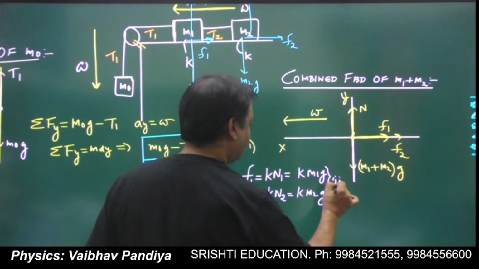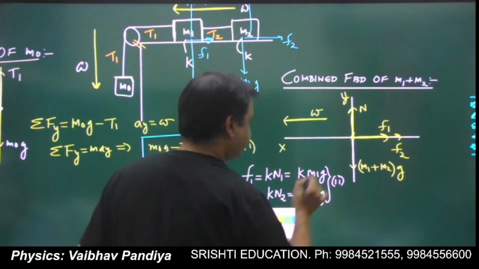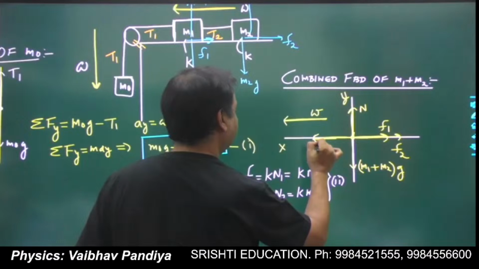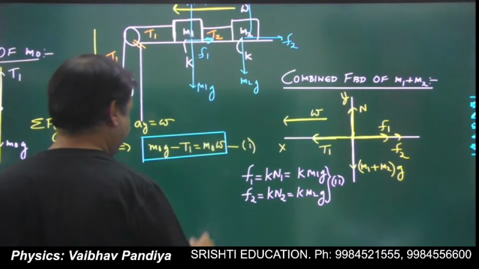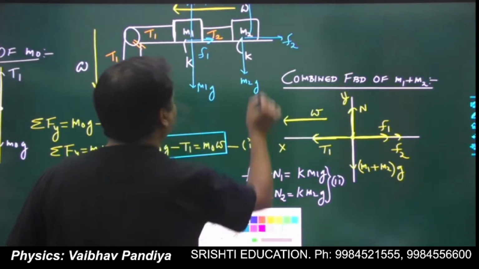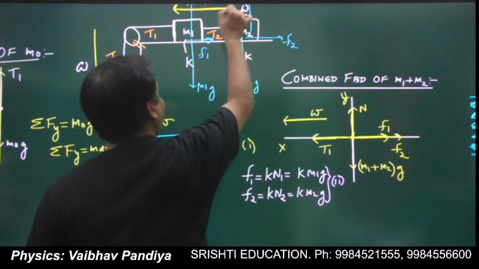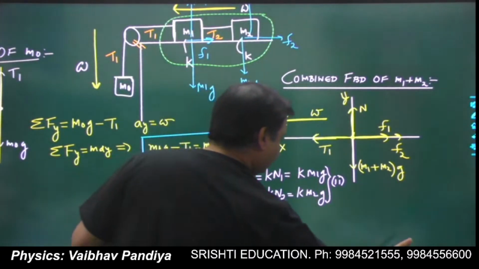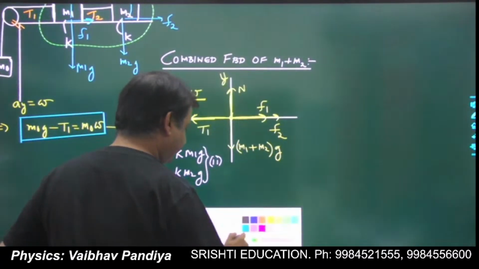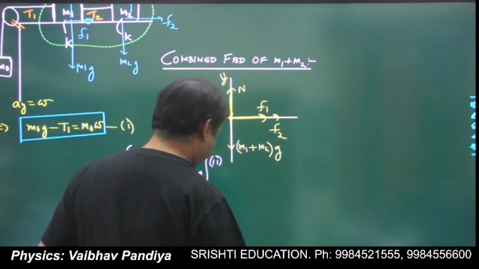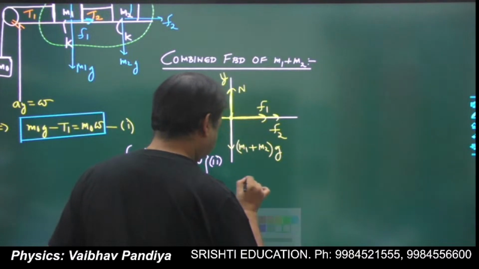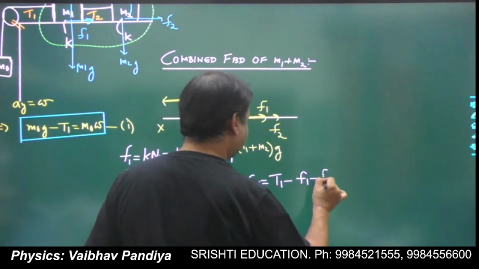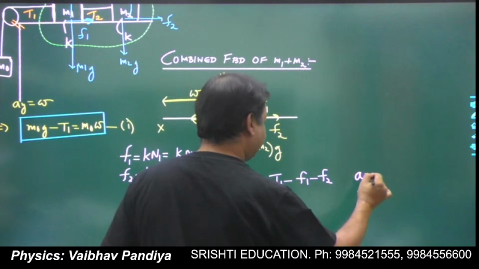Okay, and one more force will act here, the tensional force. Which one? That is T1, the first string which is pulling this system. I'm making the combined FBD of M1 and M2. So if you apply Newton's law on the x-axis, I'll get net force on the x-axis will be T1 minus F1 minus F2, and Ax is W.